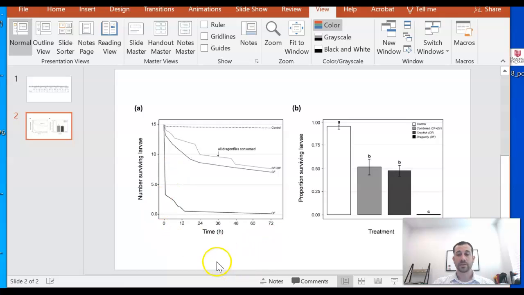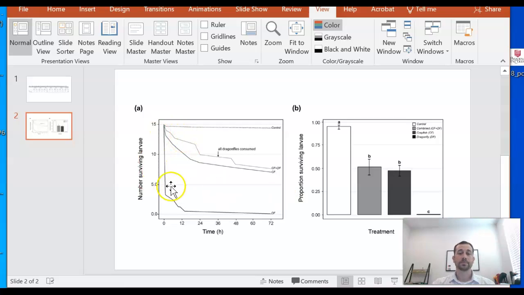In panel A, this is just a nice line graph of the number of surviving mosquito larvae over 72 hours. There's a control group just to see how many mosquito larvae die over 72 hours. There's also a treatment with just dragonflies, that's the line at the very bottom, with just crayfish, and then there's another line with the combined treatment, crayfish and dragonfly nymphs.